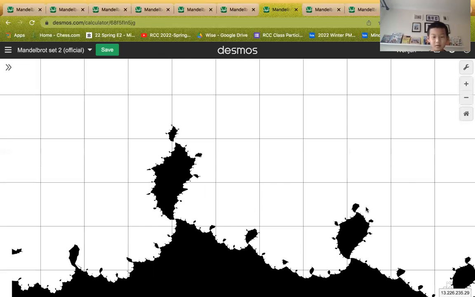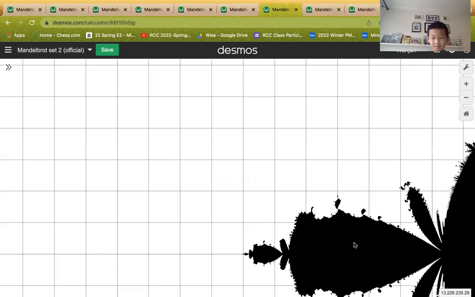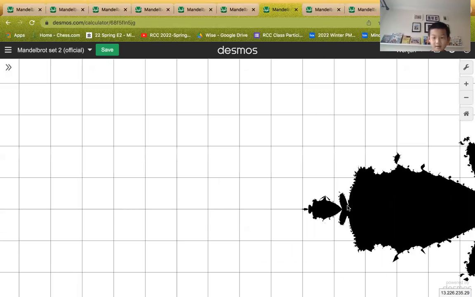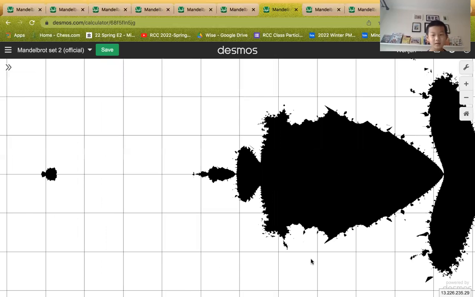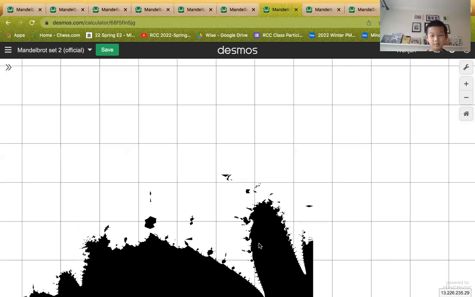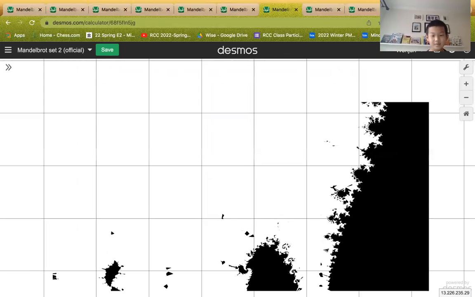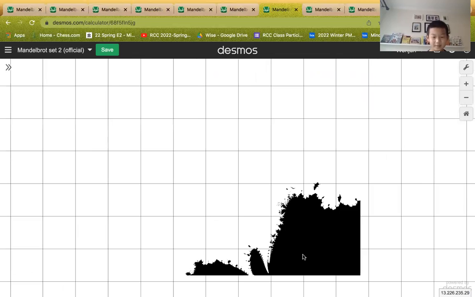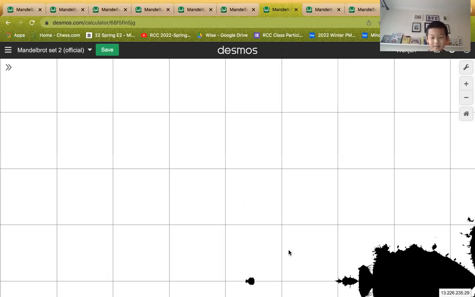Oh. Looks like the sea. Over here is pretty much the same as this finger place. It's pretty much the same. So we don't want to continue this forever.